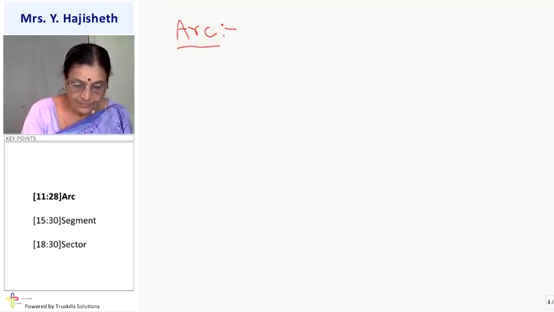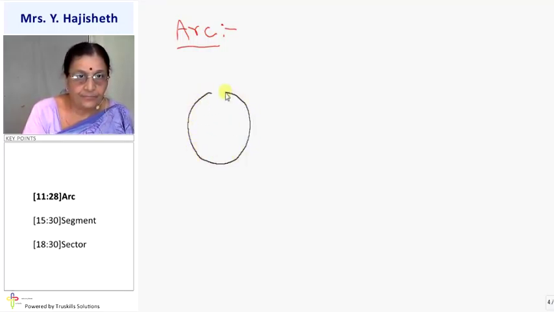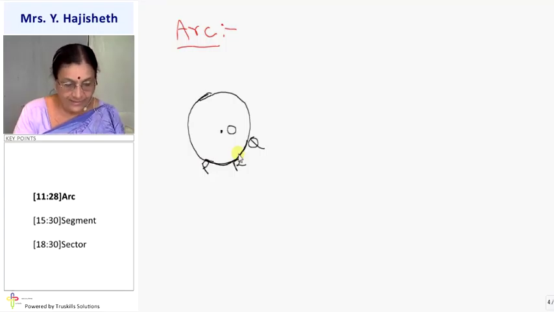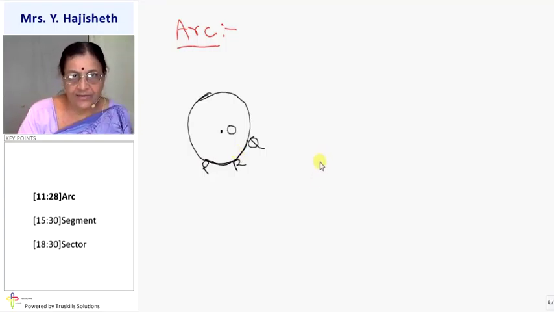Suppose this is a circle. O is the center. PQ is a chord. Then in between, if I take R, this curve PRQ we call an arc of a circle.